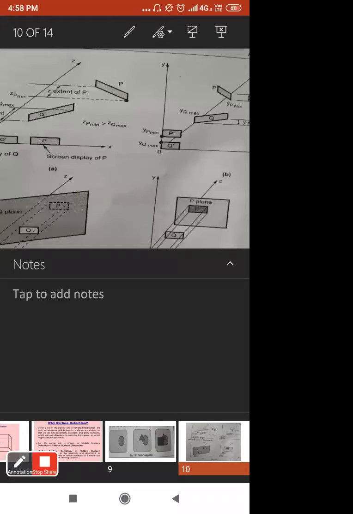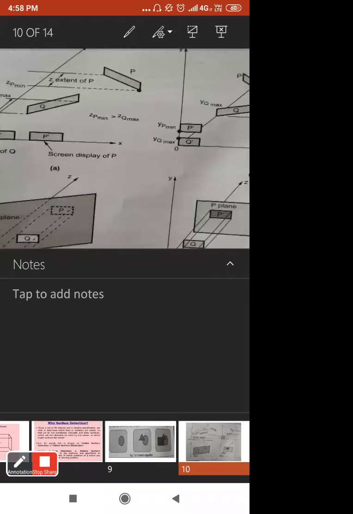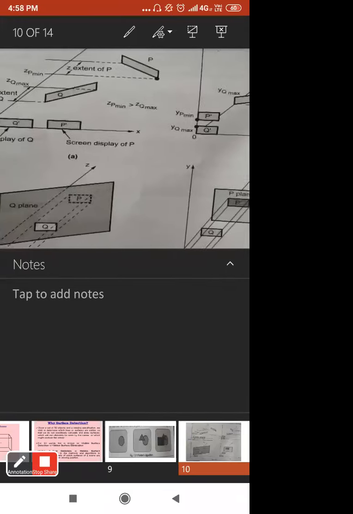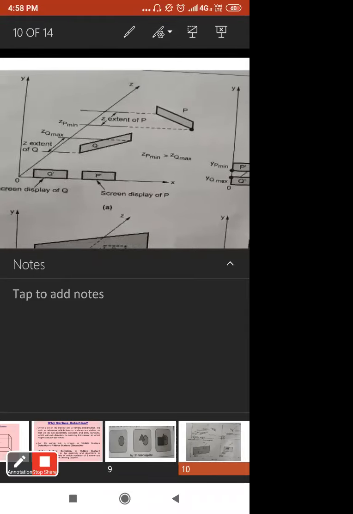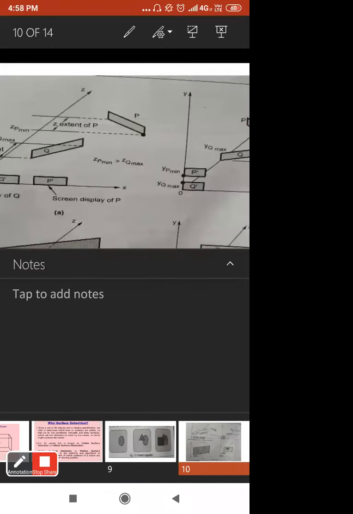Okay, so in this painter's algorithm, this diagram I have taken from the book. It is not properly visible here, so you can go through the book and see it clearly. In the first diagram, it is comparing the Z extent of P and Q, meaning the Z coordinates on the Z axis.